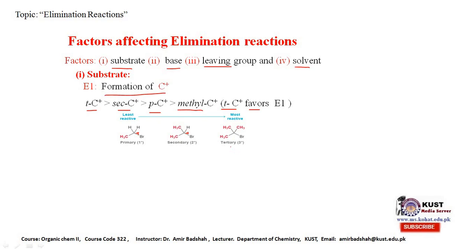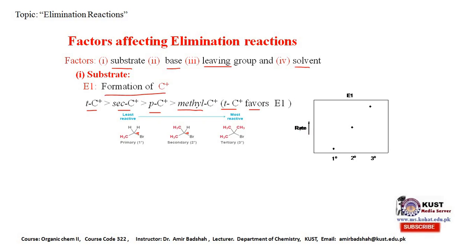So if we move from the primary halide to secondary, or from secondary to tertiary halide, the E1 type of reaction will be enhanced. The primary one will be very least reactive. The secondary will undergo E1 at a higher rate compared to the primary one, and the tertiary one will react through the E1 mechanism at a very high speed compared to the secondary and primary ones.